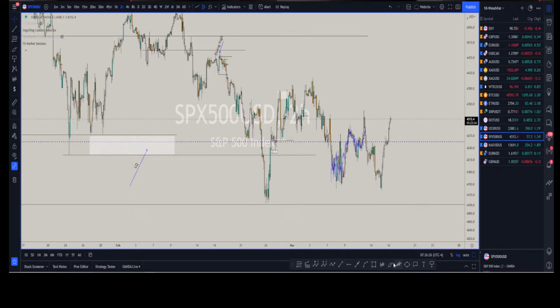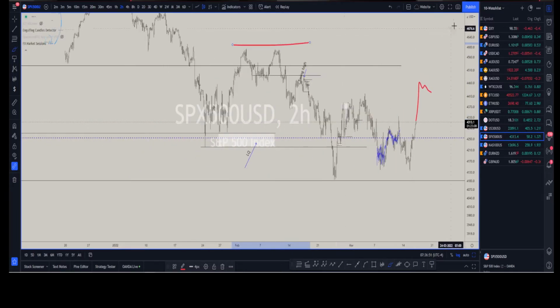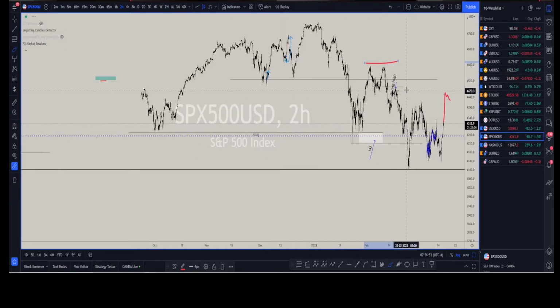Let's say they pushed it all the way up there, they come back down, start looking for your short. Let's say they pushed it all the way up there and they stayed above there. That means whatever I explained on higher time frame is not what we're looking for, this trend is over and we're most likely targeting these highs, and we'll see how far it will go.